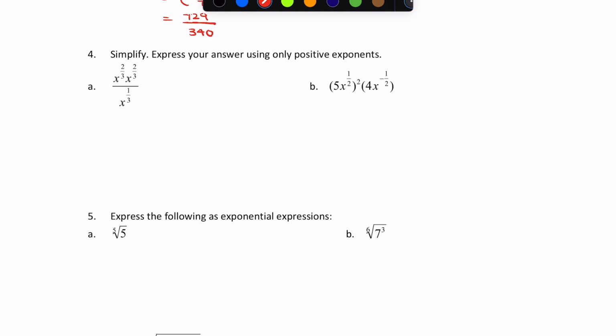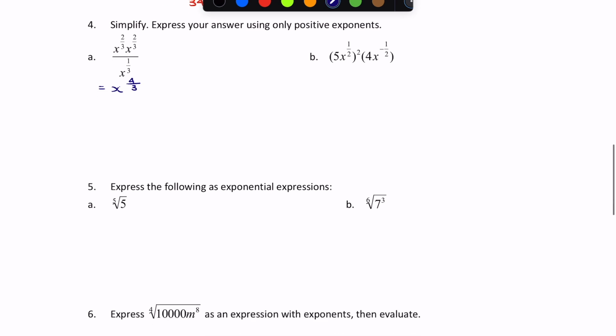Here we're going to simplify and express our answers using only positive exponents. So first thing we'll do is multiply the two exponents together. So here, x to the power of 2 over 3 times x to the power of 2 over 3. That'll give us x to the power of 4 over 3. Remember, we're adding the exponents when we're multiplying with the same base. At the bottom here, we still have x to the power of 1 over 3.